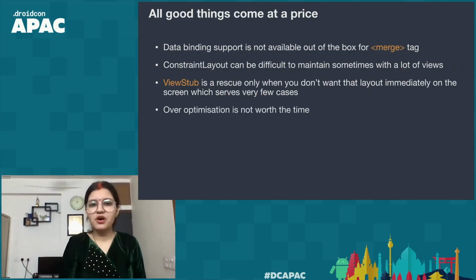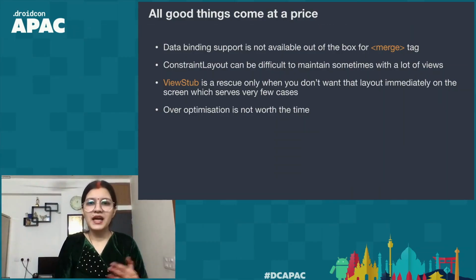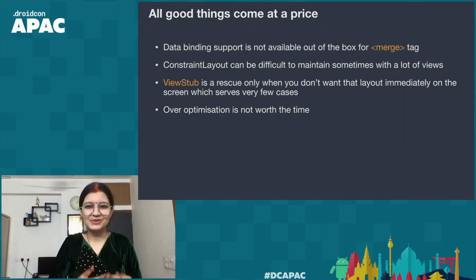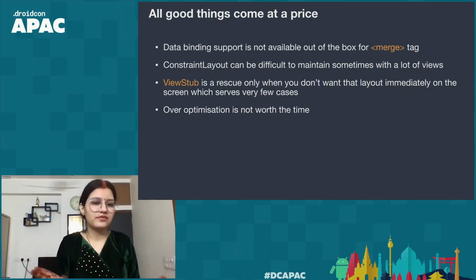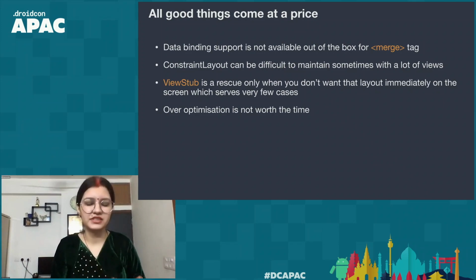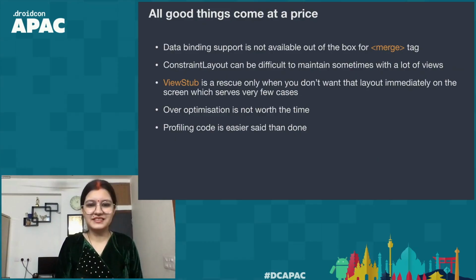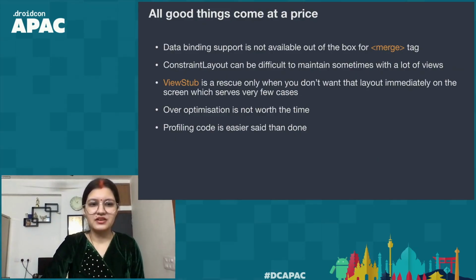And then over-optimization is not worth the time. I've been there. It can end up being a rabbit hole. You keep on optimizing and optimizing. So we do not want to over-optimize, to be honest, and should just look for those red frames and optimize them. And the next thing is profiling code is easier said than done. So sometimes it can be a bit difficult.